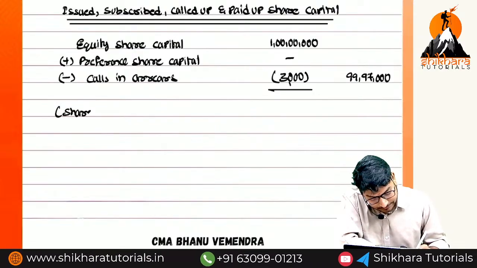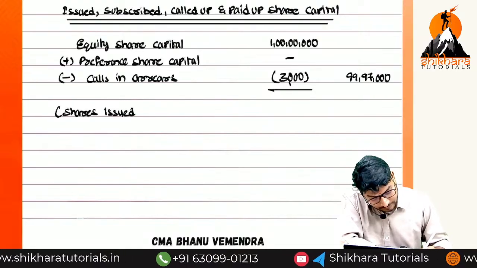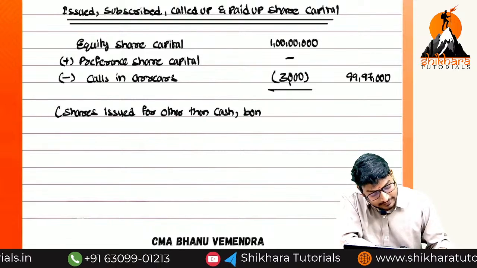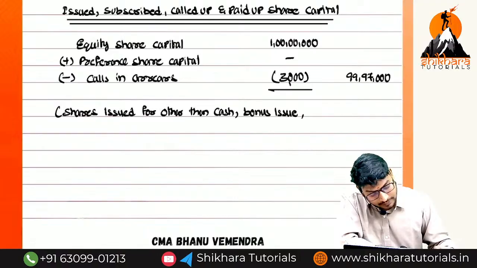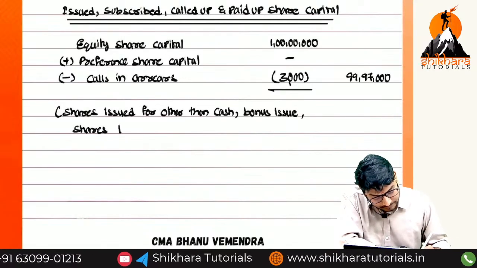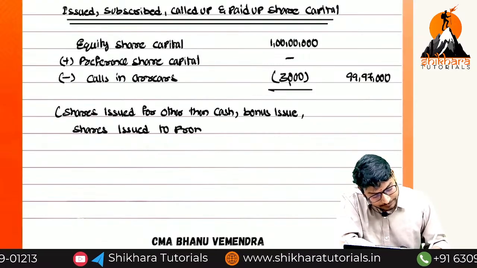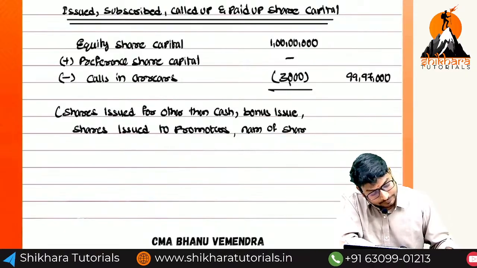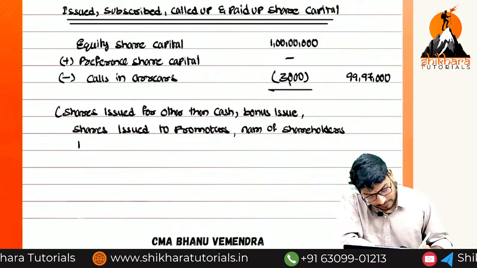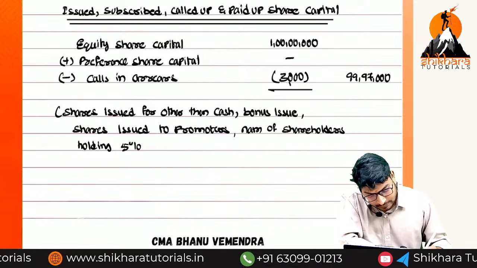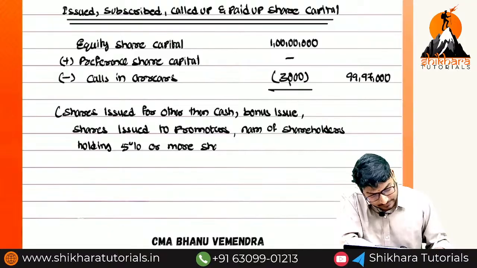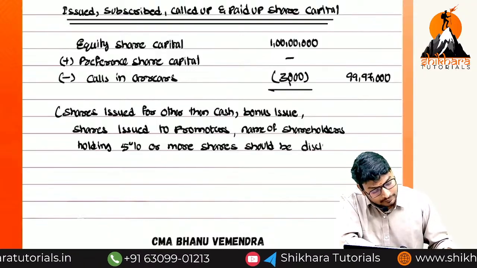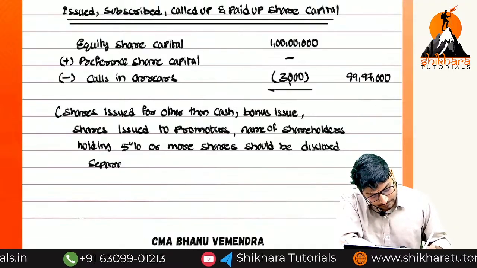Shares issued for consideration other than cash, bonus shares or bonus issue, shares issued to promoters, and the name of shareholders holding 5% or more shares should be disclosed separately.